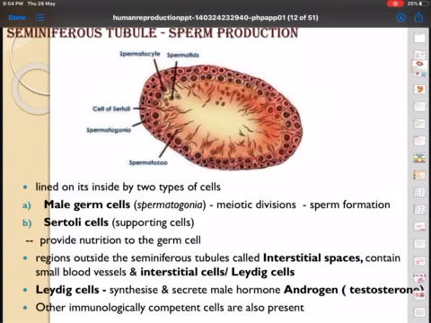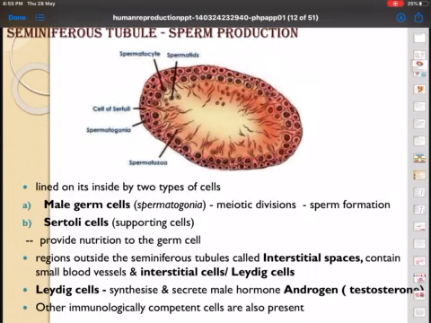So basically it is the spermatogonia which will be undergoing meiosis and form primary spermatocyte, and the primary spermatocyte further forms secondary spermatocytes, and these secondary spermatocytes will form spermatids, and spermatids will undergo cell differentiation to form spermatozoa, or normally we call sperm. A sperm is a male germ cell. So this is formed because of meiosis. Spermatozoa are formed from spermatogonia due to meiosis.